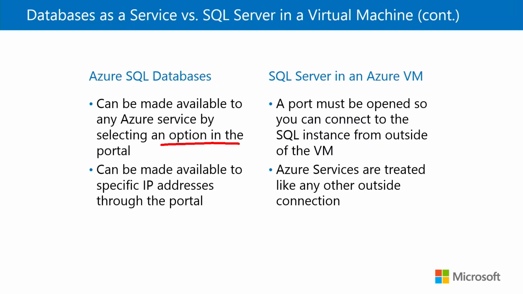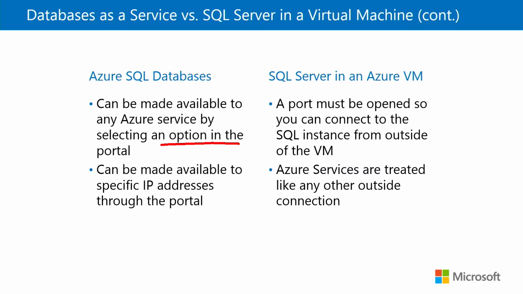That means I don't have to have an additional layer of configuration to make sure that cloud-based services hosted in the same subscription are going to have access by default to the database. While the database is still secure, it doesn't mean I have to open the database wide open. It just means that it's going to be available with a simple configuration option to any service that I'm running, which is pretty nice.